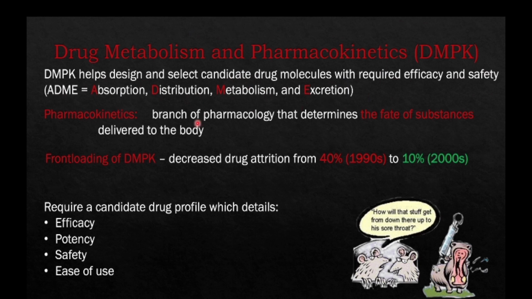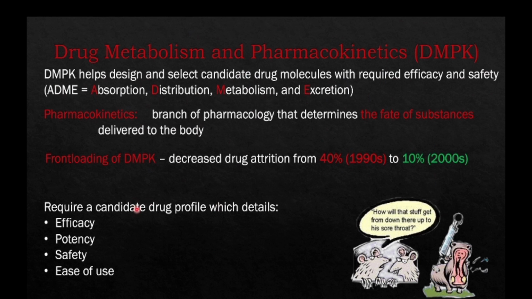Pharmacokinetics is a branch of pharmacology that determines the fate of substances delivered to the body. Front-loading of DMPK decreased drug attrition from 40% in the 1990s to 10% after 2000.